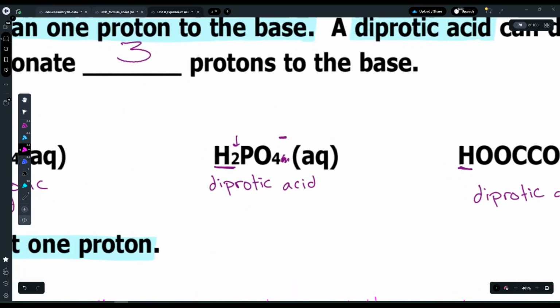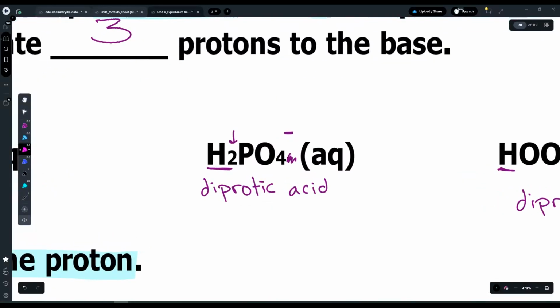Okay, if we look at the dihydrogen phosphate ion, yes, it is a diprotic acid because it has two acidic hydrogens. However, because it has this -1 charge, that means it could also act as a base and it could accept one hydrogen. So this would be a monoprotic base.